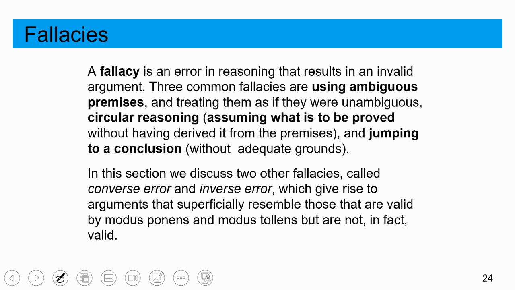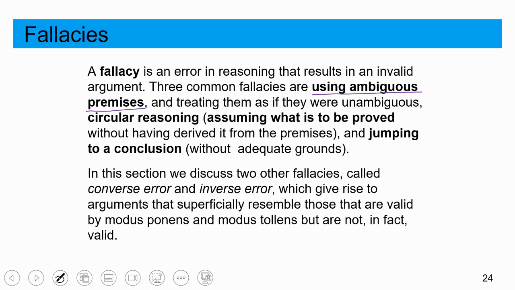We have some common fallacies listed here. Three common fallacies are using ambiguous premises. Using an ambiguous premise might be something like saying, "Oh, she's pretty." Well, that's pretty ambiguous. Exactly what does that mean?